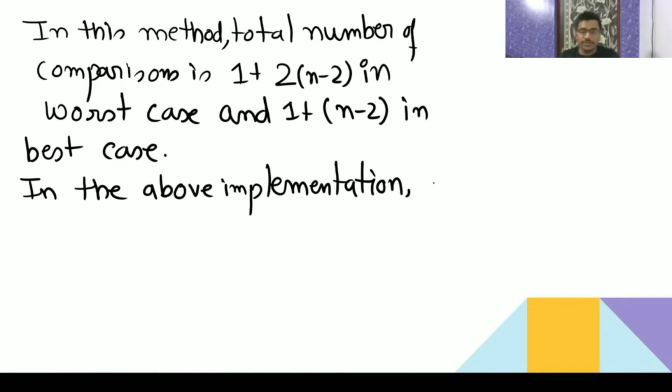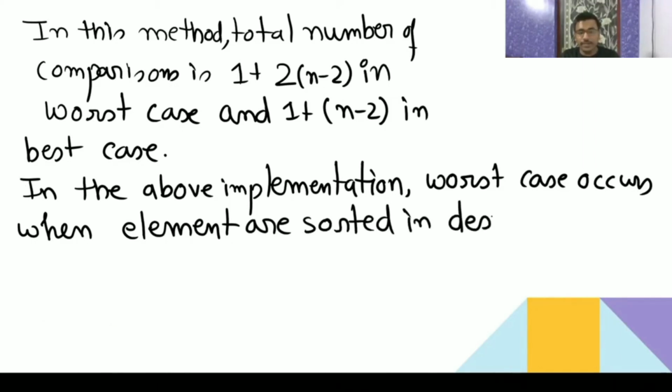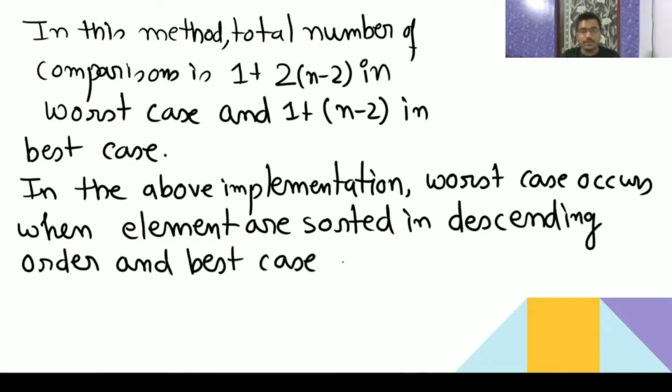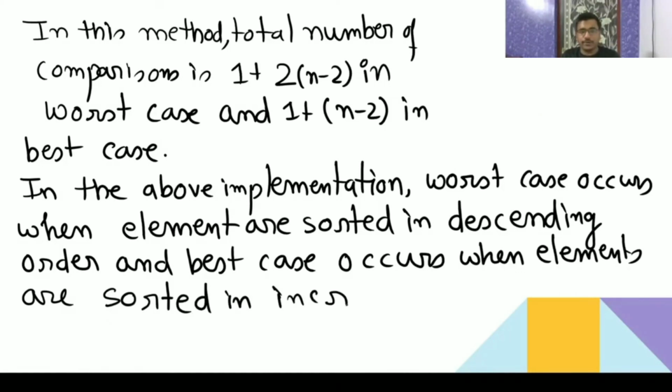In the above implementation, the worst case occurs when the elements are sorted in decreasing order, that is, when sorted in descending order, and the best case occurs when the elements are sorted in increasing order.